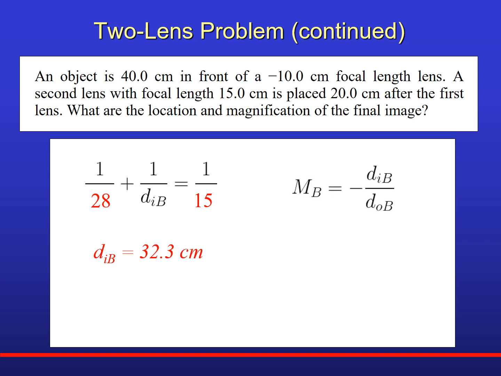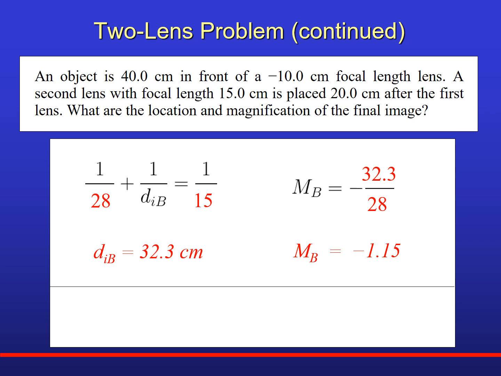Now I solve for the magnification from the second lens. Again, I've added subscript B. M sub B equals minus D sub IB over D sub OB. D sub IB is 32.3. D sub OB, remember we carried that from the previous problem. That's the 28. So M sub B is minus 1.15. The magnification from the second lens.